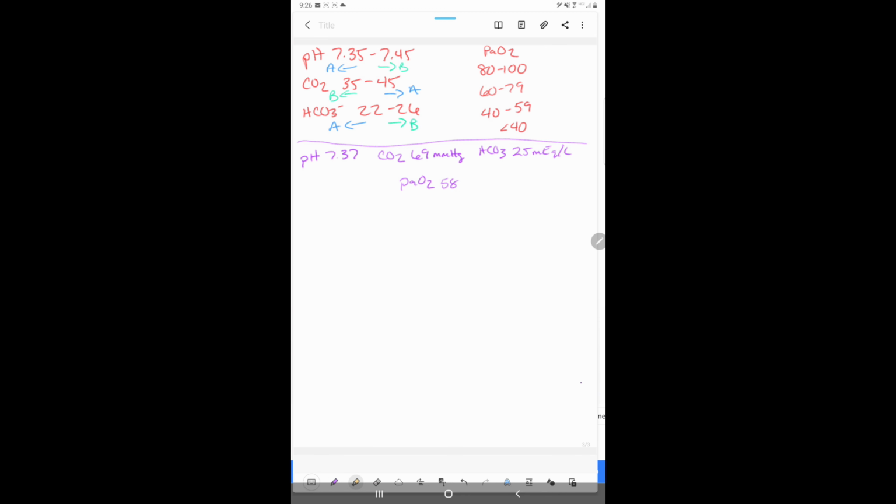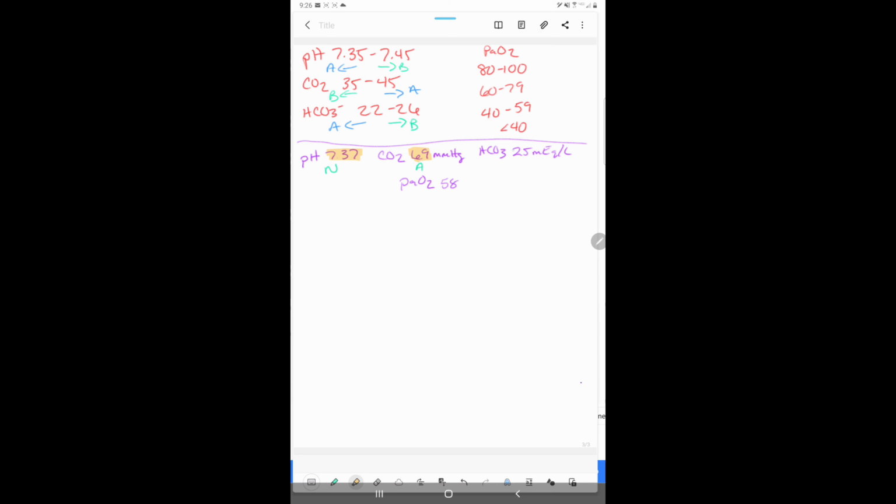Okay, so first things first, to interpret it, you're going to look at your pH, 7.37. That is within a normal range, so I'm going to write normal underneath that. Next, we're going to look at your CO2, 69. 69 is going to the right, so that makes it an acid.